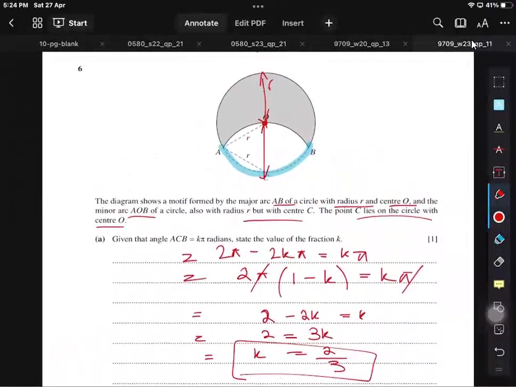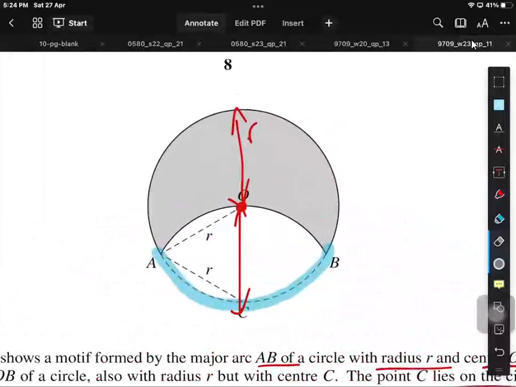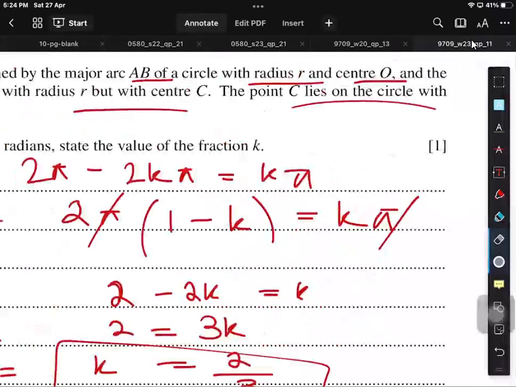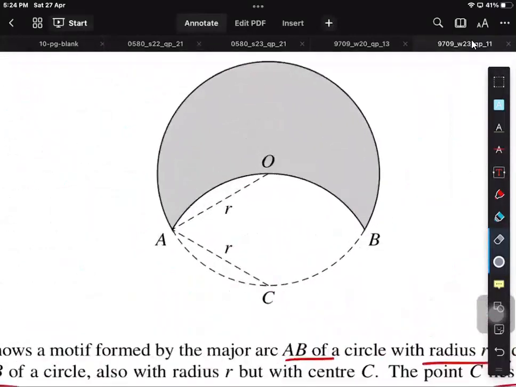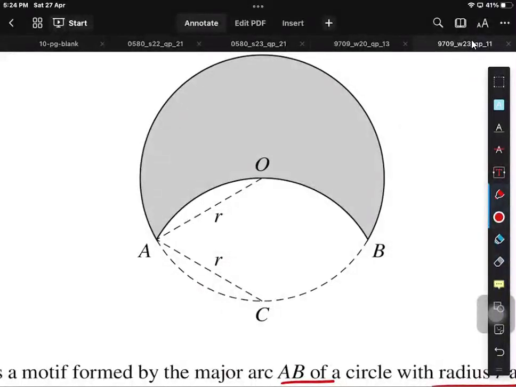I just found another way of doing this. That would be much easier actually. Okay, sorry. Yeah, so that other way is actually a lot easier. Okay, so I know that this is R, this is R. So this would also be R, right? This is the radius. So I can say that this is a 60-degree angle, right?